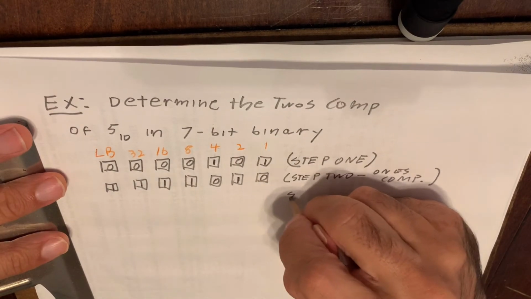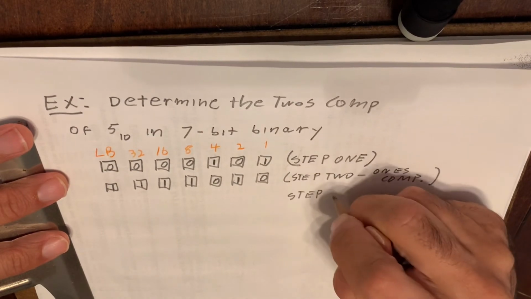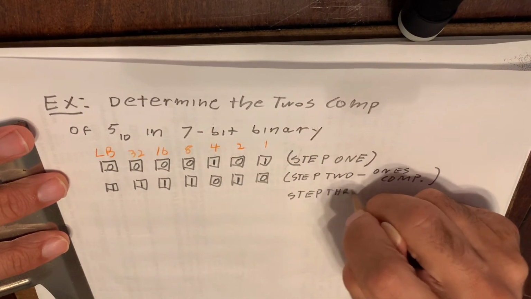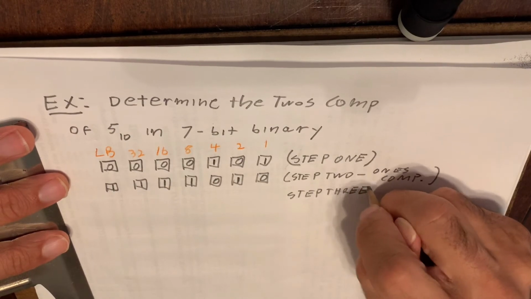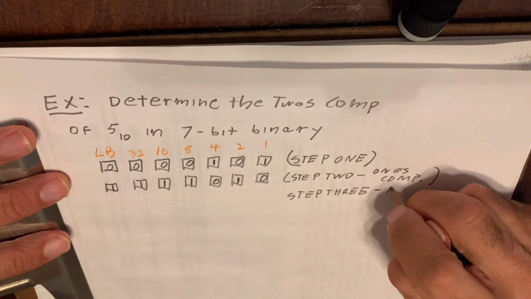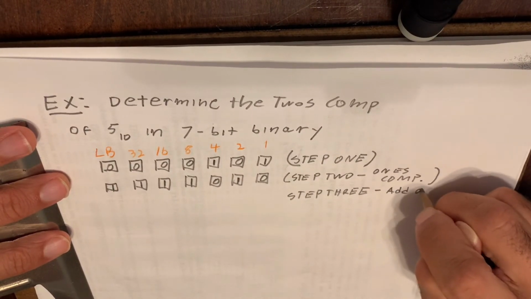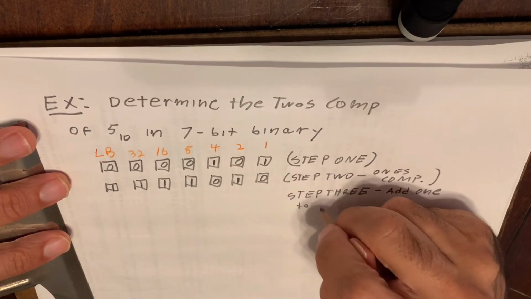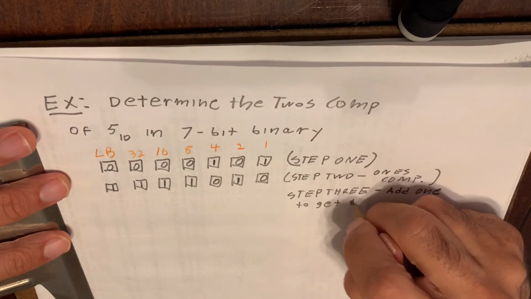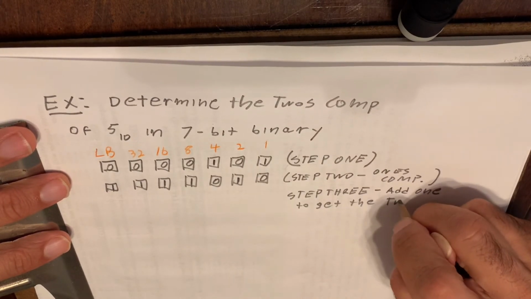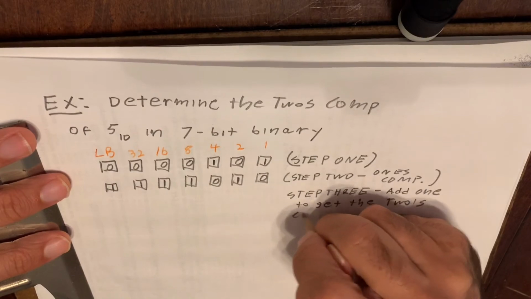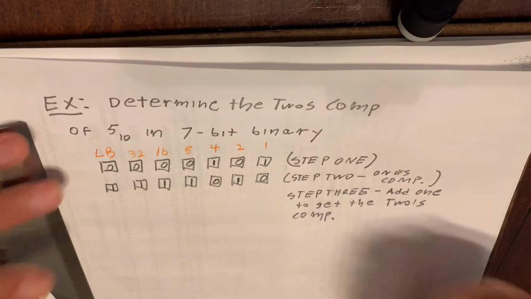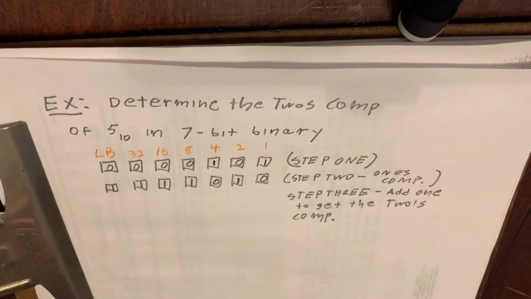Step 3. We add 1 to get the 2's complement. All right, so that's the next step. And so I'll do this here.